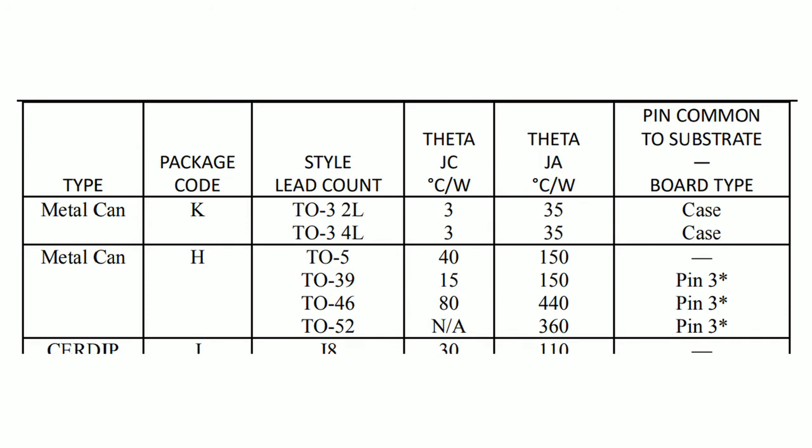So, if somehow the case can be kept around, let us say, 40 or 50 degrees centigrade and you have 10 watts, the junction can be 3 into 10, 30 degrees above the case.